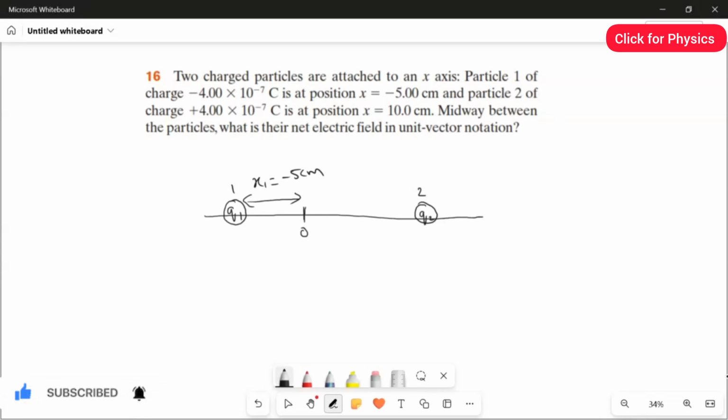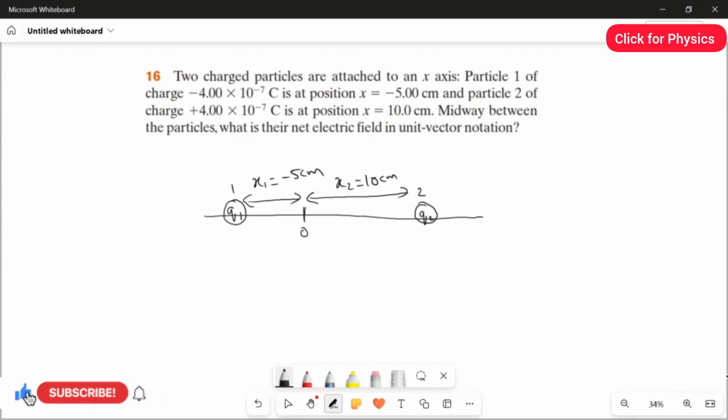Likewise, the second particle is located at a distance of 10 centimeter from the origin O, so x2 equals 10 centimeter.